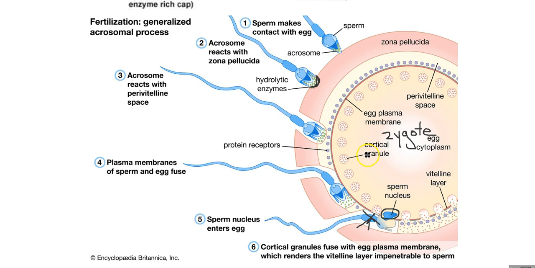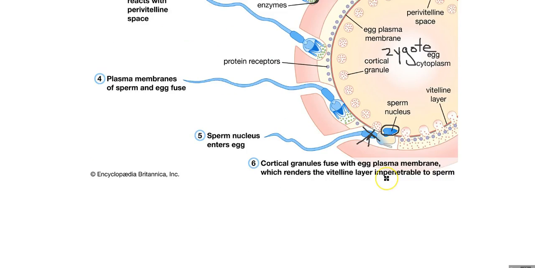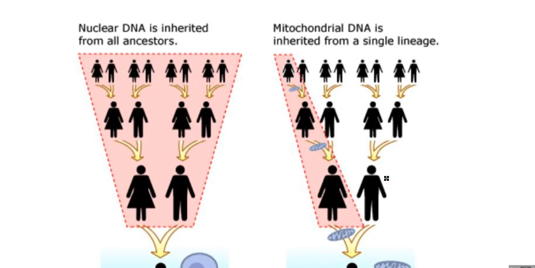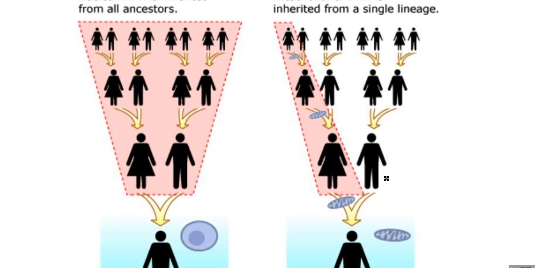So when we're looking at non-nuclear inheritance, we know that in mammals we have mitochondria, and those mitochondria have DNA. When I did my 23andMe ancestry report, it looked at my maternal lineage.